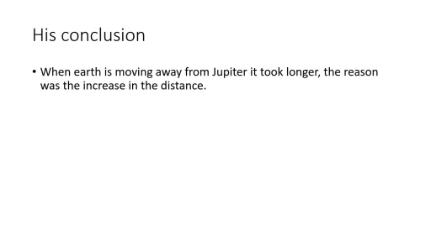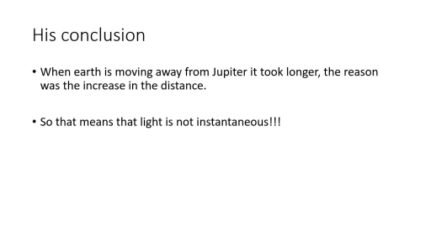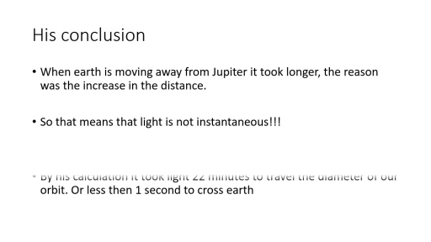And so his conclusion, because of this, is that when we were moving farther away, it took longer because we were farther away from it, which means that light has to have a finite speed. So he did some maths. He did some calculations. And he calculated that it would take light 22 minutes to travel the diameter of our orbit.